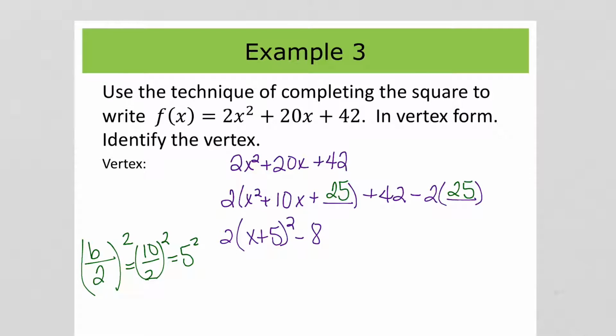And so now we've got our function written in vertex form. And so our vertex must be h, which is -5, and k, which is -8.